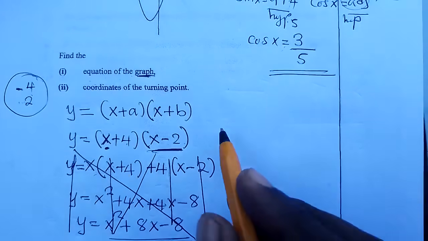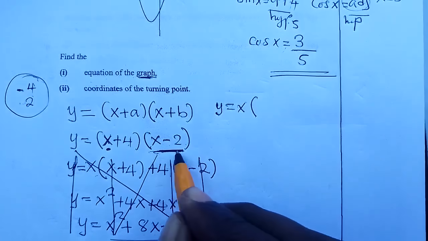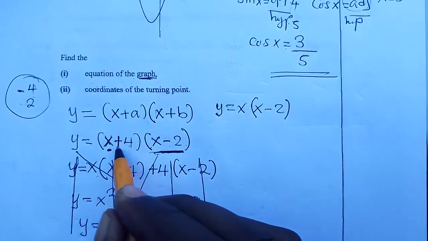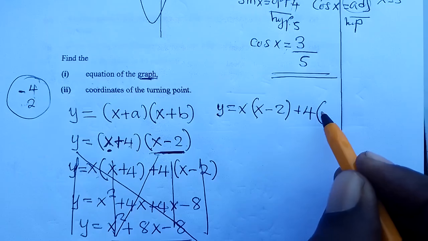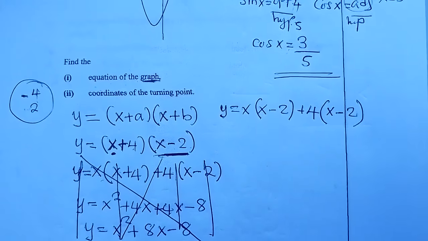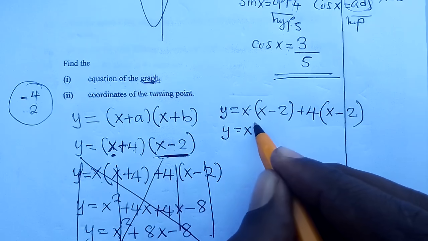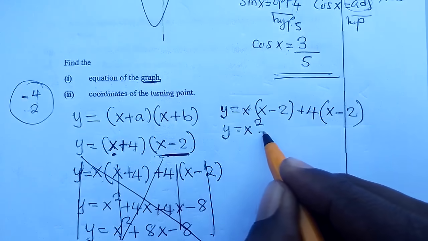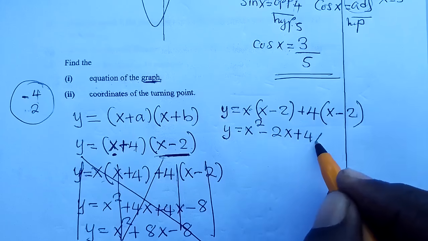So you get x there. So it is y is equal to x, then multiply with everything on the other side, x minus 2. I do this. Then this is plus 4. I'll say plus 4, I do this, then this is x minus 2, like this. Then y is equal to x squared, x times negative 2 is negative 2x, plus 4x minus 8.